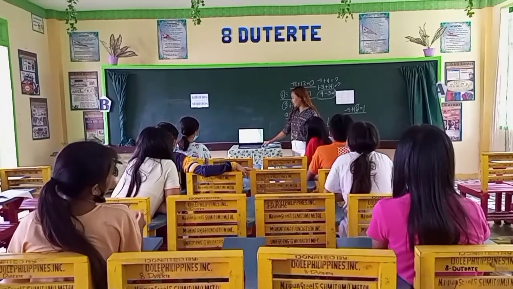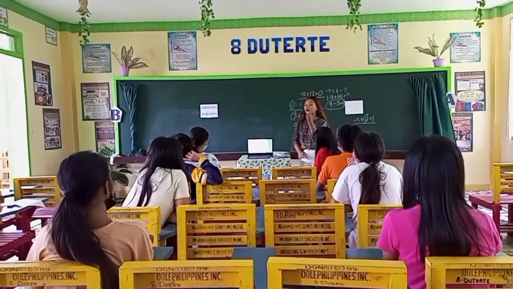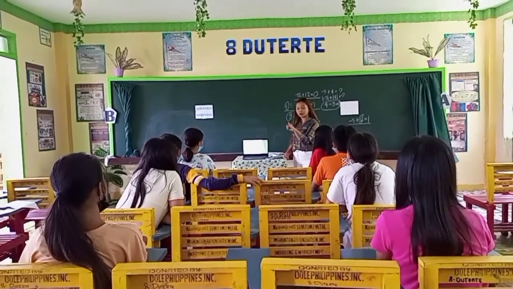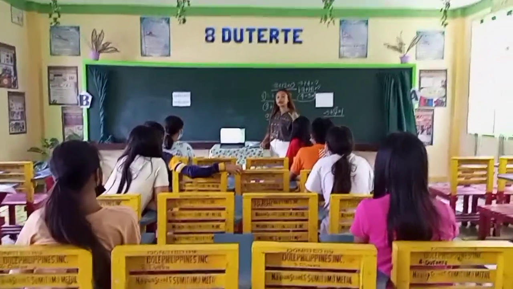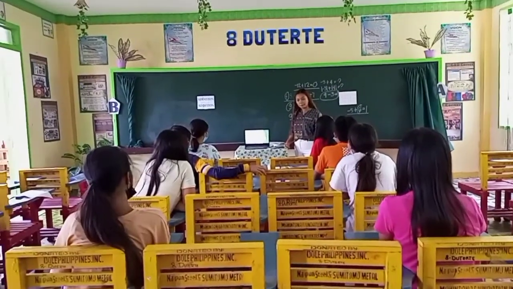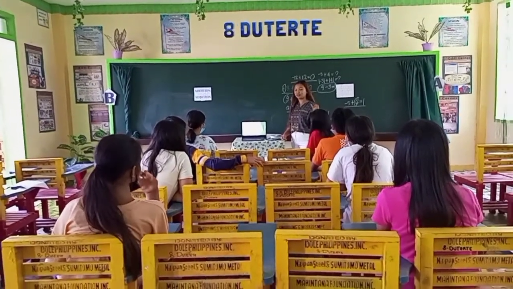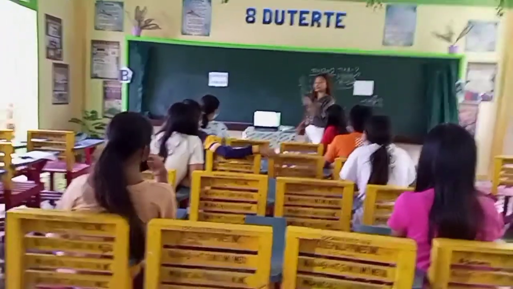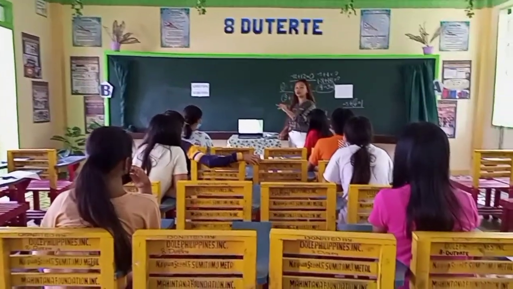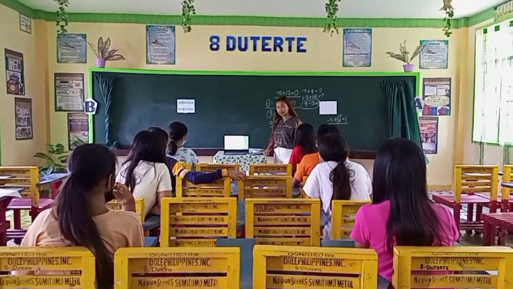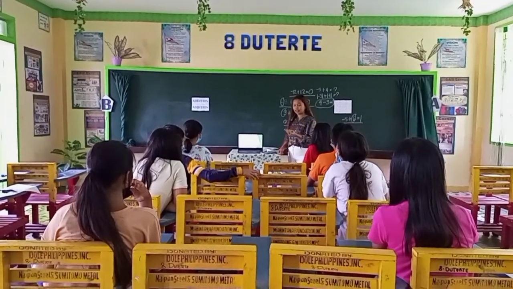Okay. For our summary, tandaan na for the first rule, kapag in-add natin yung dalawang positive integer, magkakaroon siya ng positive result or positive answer. And for the second rule, kapag in-add natin yung dalawang negative integer, magkakaroon ng negative result.